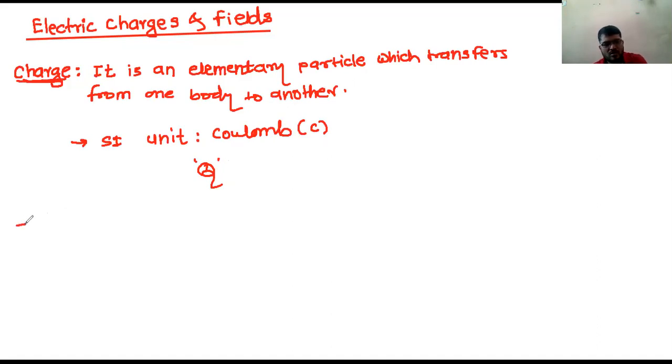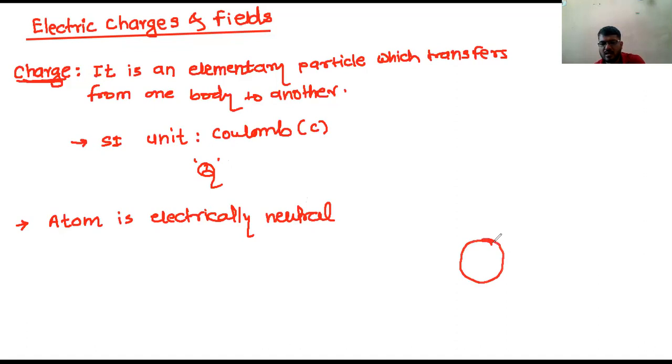Now, atom is electrically neutral. Why? Because see here, assume that this is an atom and this is a nucleus in which you are having neutrons and protons.